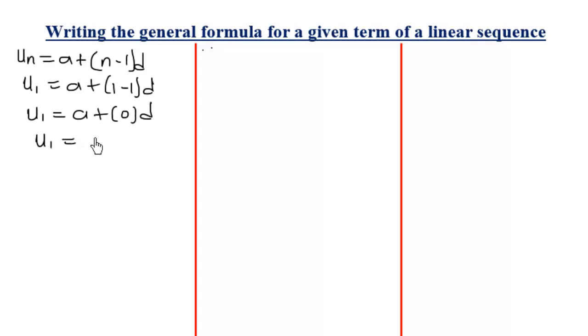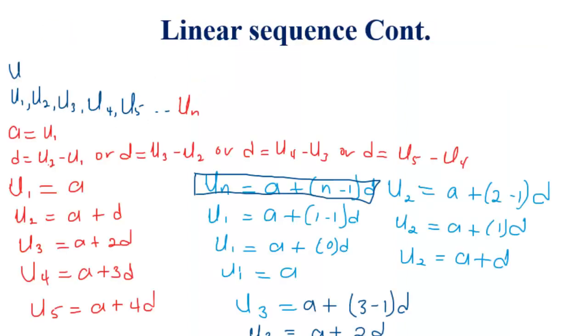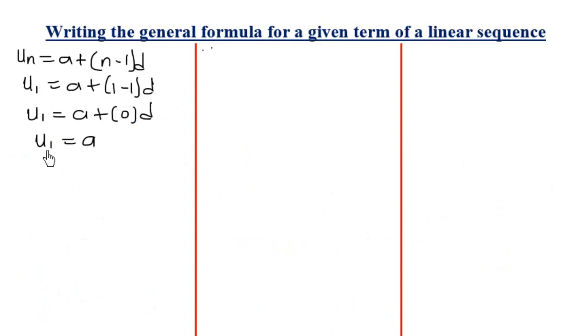So the first term is equal to a. If you remember, in our previous lesson we realized that u1 is equal to a, or a is equal to u1. That is what we did in our previous lesson. Good. So over here, the first term, u1 is equal to a.